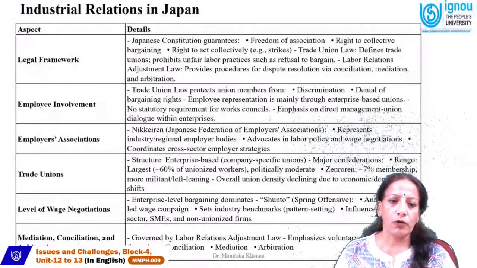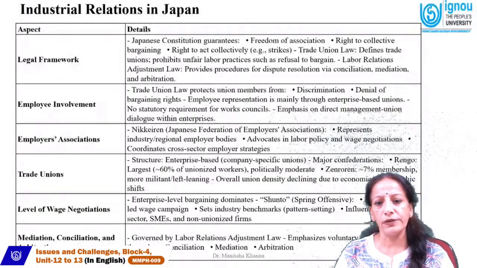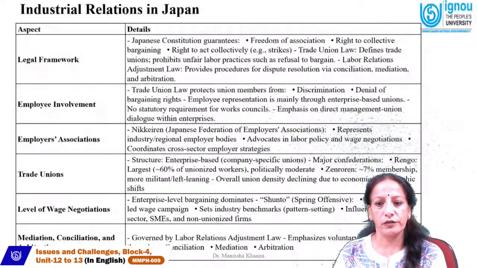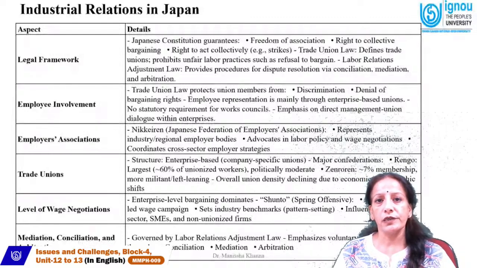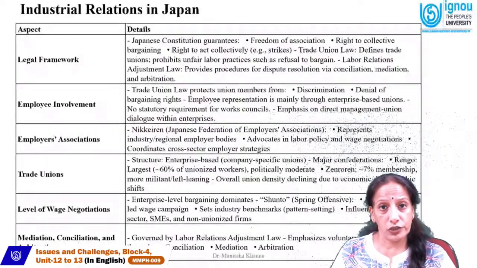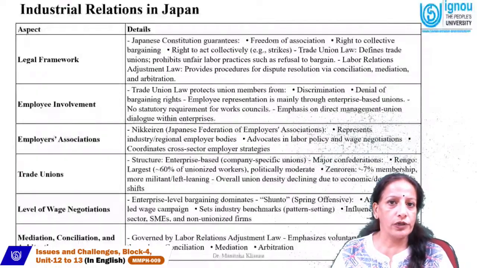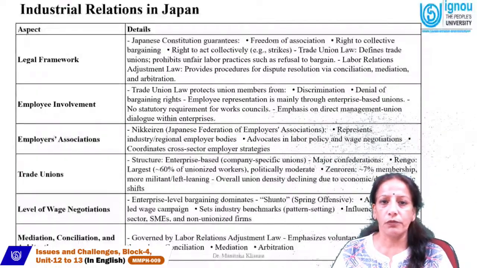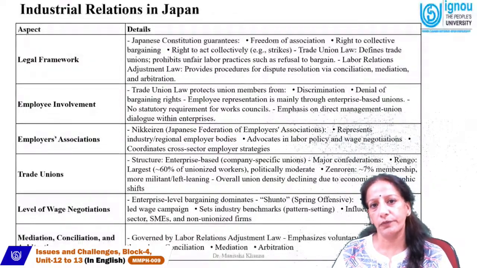In Japan, the employer association, the Japanese Federation of Employers Associations, represents industry and regional employer bodies and advocates in labor policy and wage negotiations. It coordinates cross-sector employer strategies. Trade unions in Japan are structured on an enterprise basis.